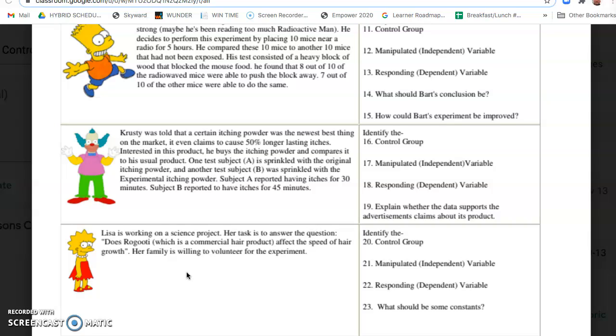And explain whether the data supports the advertisement's claim about the product. Well, it says 50% longer. Subject A was 30. What's 50% of 30? And does subject B having 45 minutes of itching, is that 50% longer than 30?